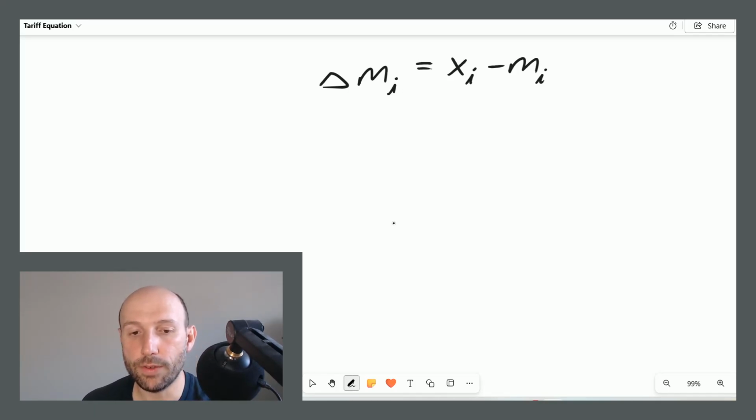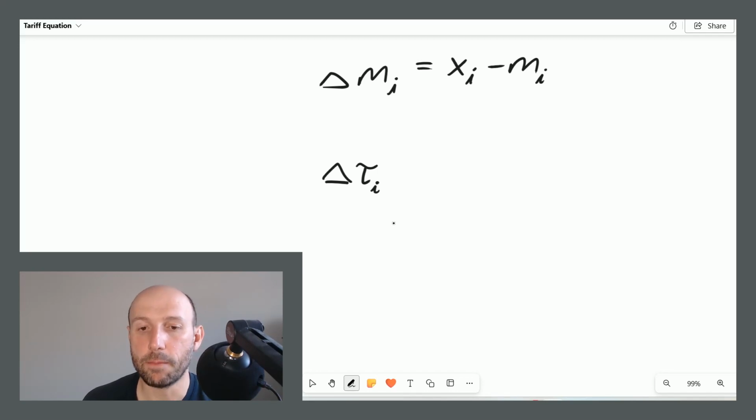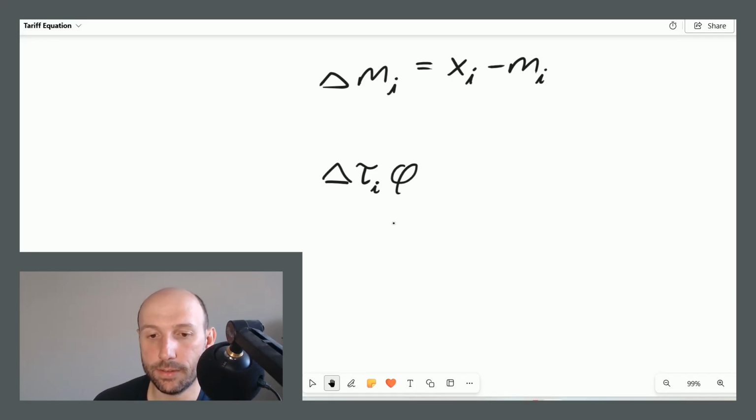Well, whatever that delta tau I is, if we multiply that by phi, which is the proportional change in import prices as a result of a change in tariff rate, and we multiply that by epsilon, which is the proportional change in imports as a result of a change in import prices, then we get the proportional change in imports.